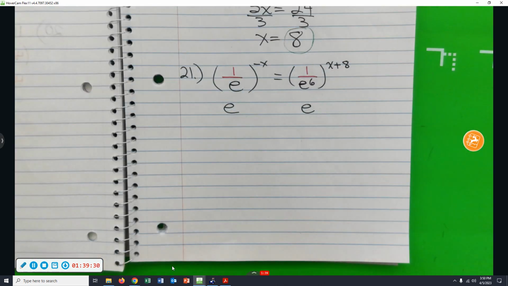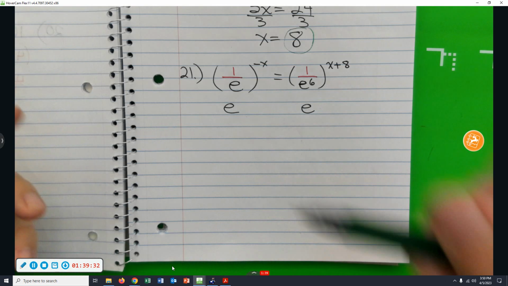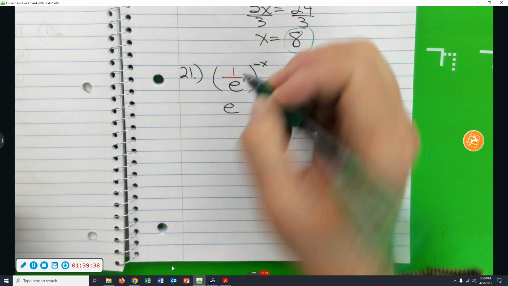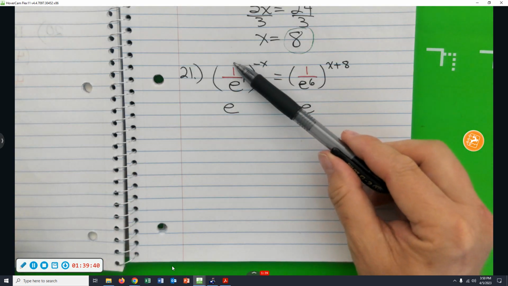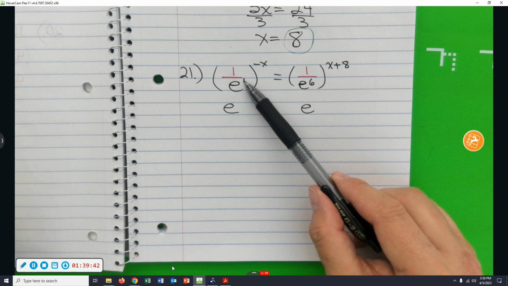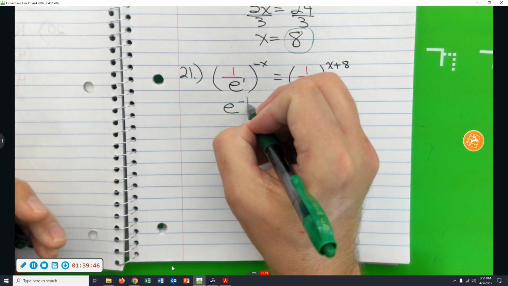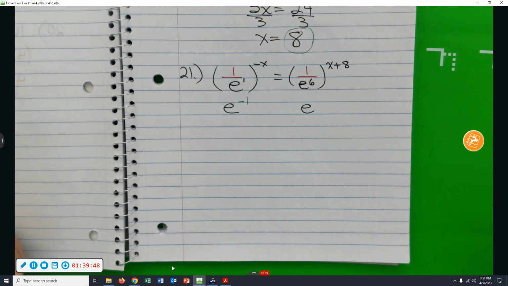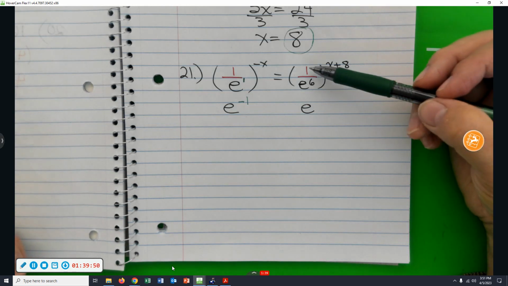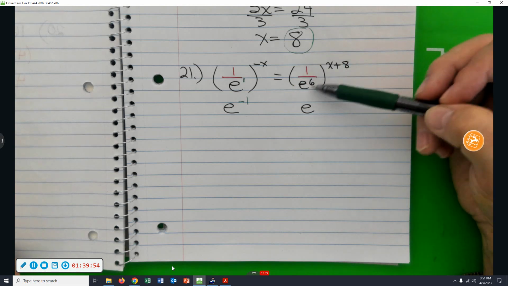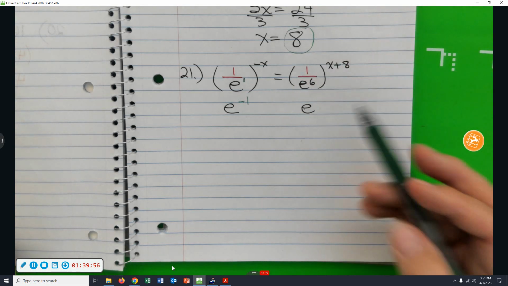You're saying, I don't even see a power here on this e, so what do you assume the power is? Okay, a positive 1. So to get rid of the 1 over, you make the exponent negative, so you have an e to the negative 1. Agree with my logic there? Now, what are we going to do to rewrite 1 over e to the 6th just as e to a power?